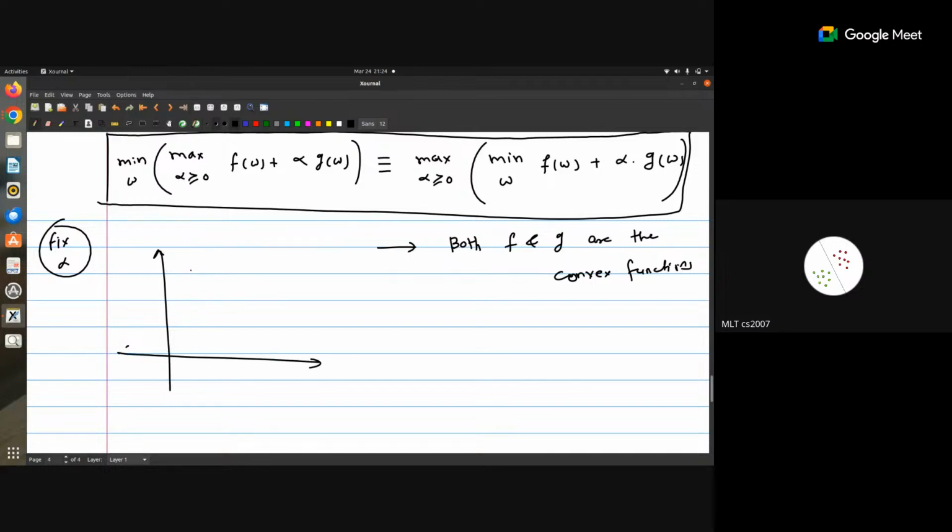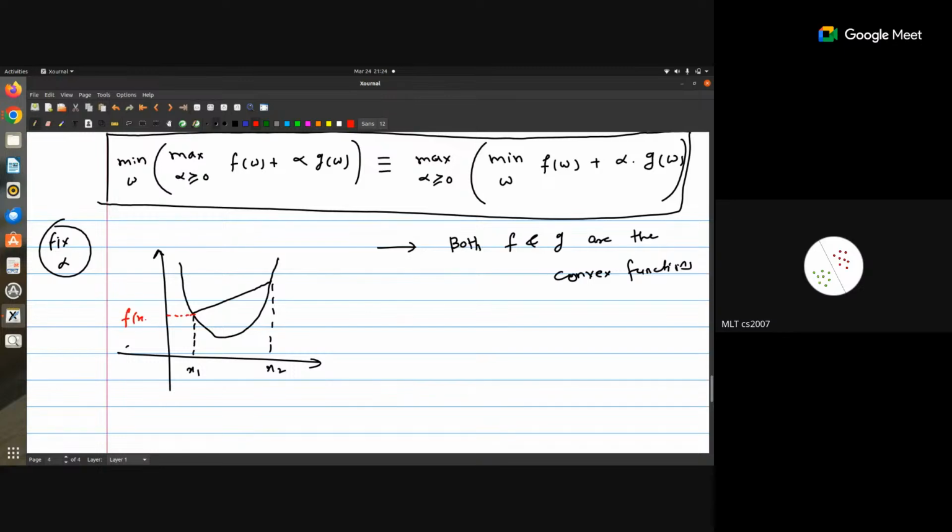If I want to check that this function is convex, you pick any two points in that interval, x1 and let's say this is x2. These are two points you just arbitrarily choose. What are the function values here?